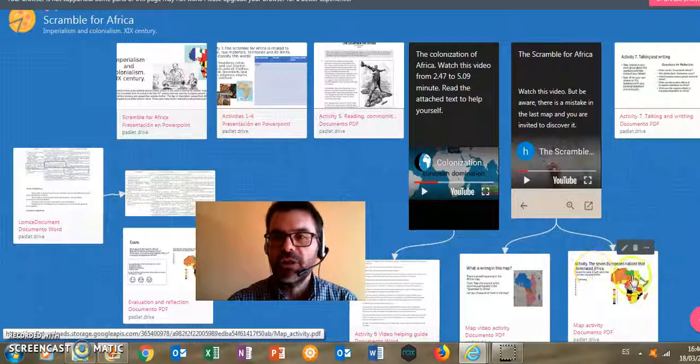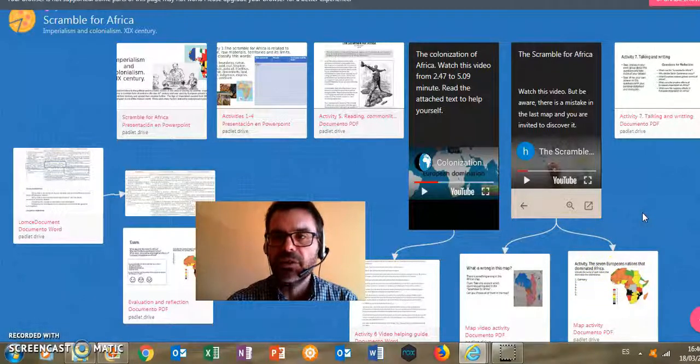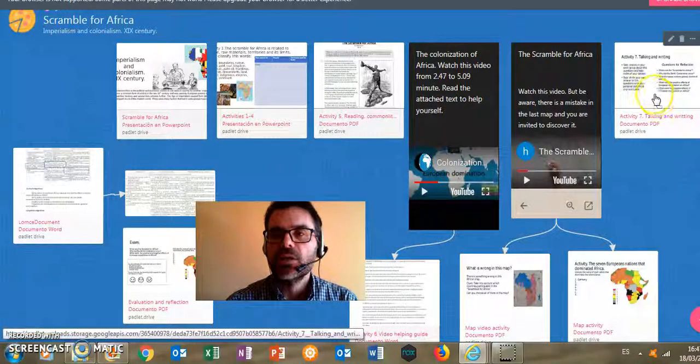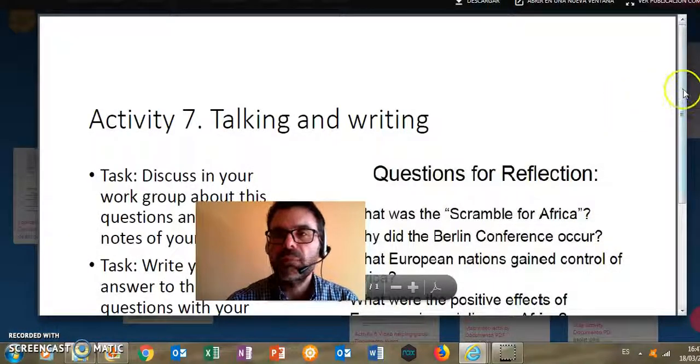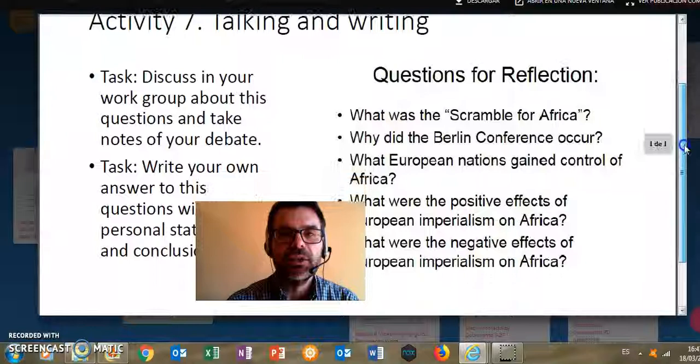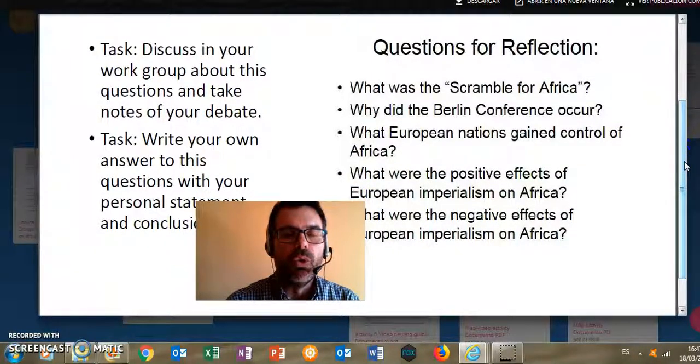Well, at this point, I suppose that the student is able to explain the causes and the consequences of colonialism and is able to draw an African colonial map. So they are able to tackle activity number 7, which is a talking and writing activity in which they will discuss in work groups these questions.